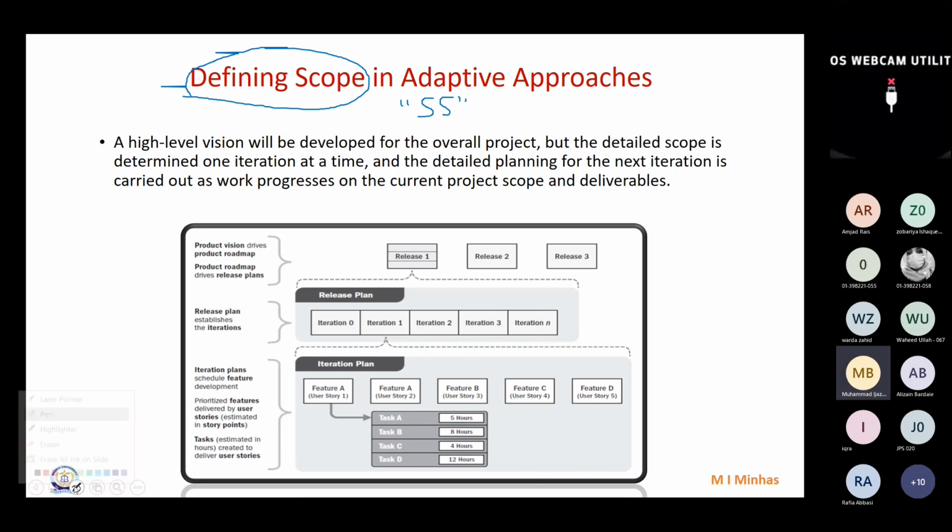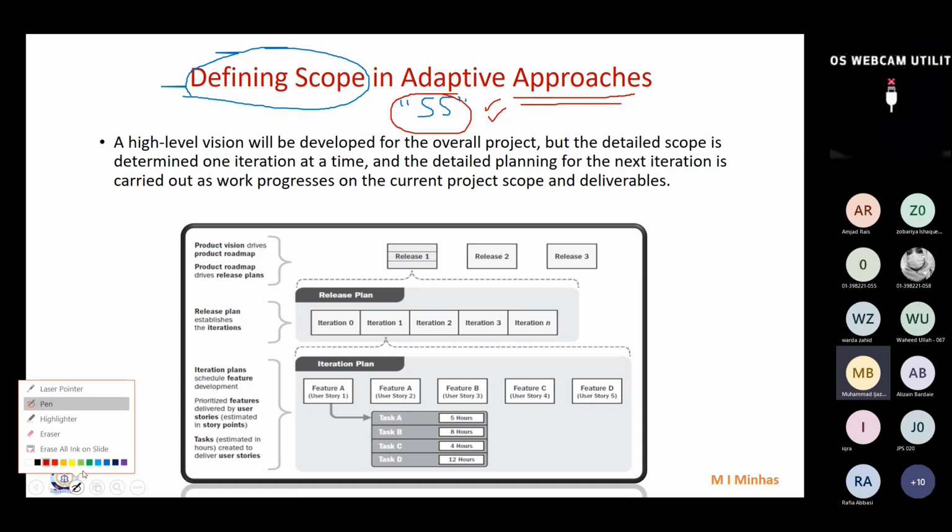Okay. So now let's talk about the defining scope process. In the case of the predictive lifecycle, we generally say the scope statement, but in the case of adaptive approaches, we use some other terms. I just want you to look into those terms and be familiar with them.